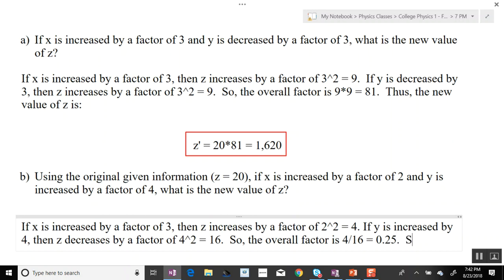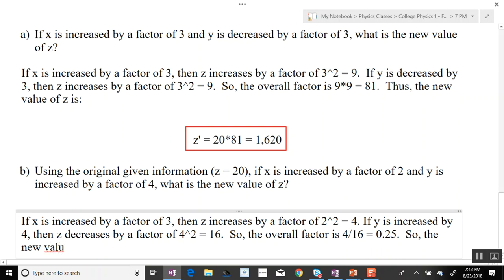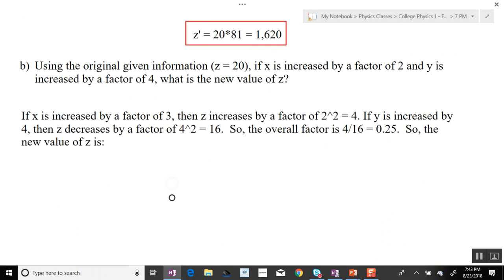So the new value of z is the original value, which we're assuming is 20, multiplied by the factor change, 0.25, and of course you get 5. It's the same thing as a quarter of 20, which is 5.